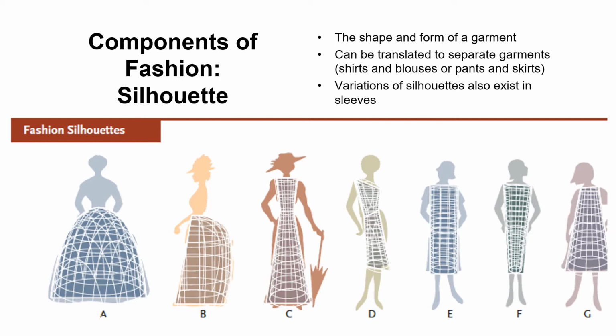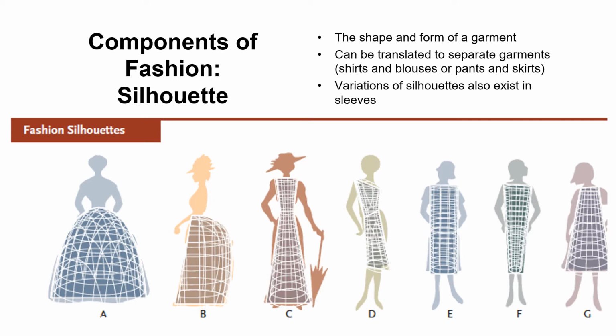And your critical thinking, your discussion board for this week, you will have seen this image again, is actually on silhouettes. Okay, so a silhouette is just the overall outline of a garment, right? So if we look at the different silhouettes that are here, A is what's known as a bell shape, B is a bustle, so there's some back fullness.